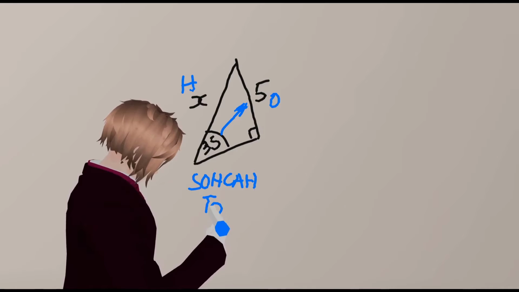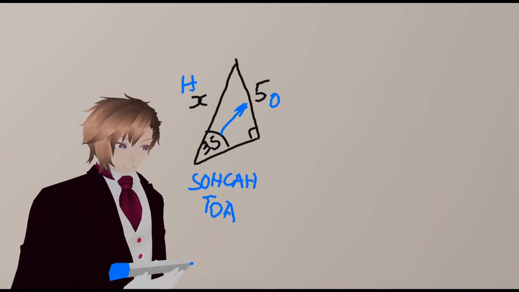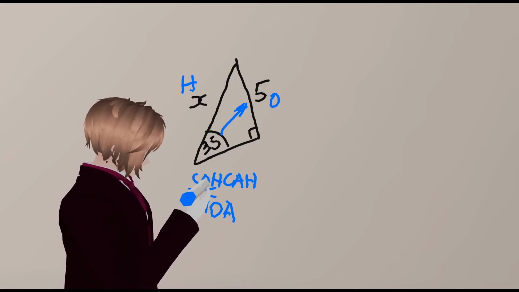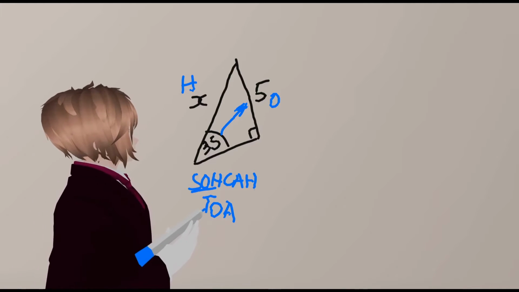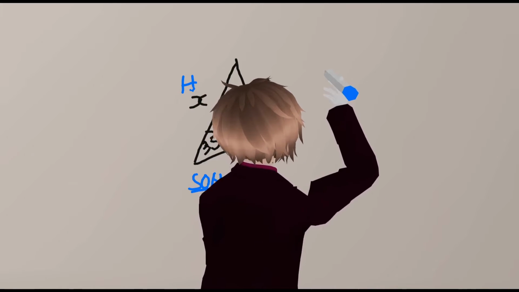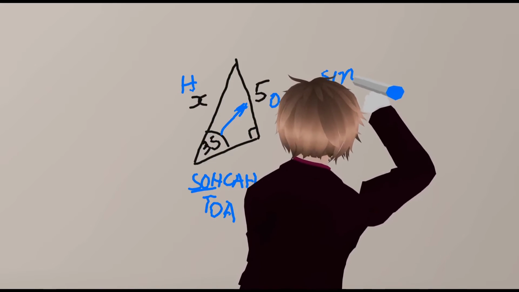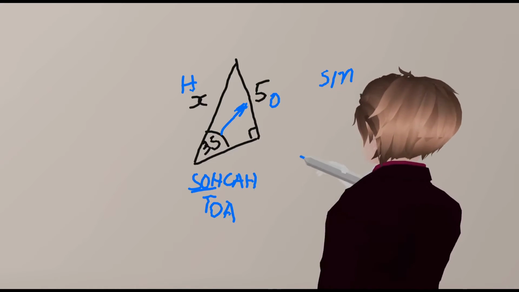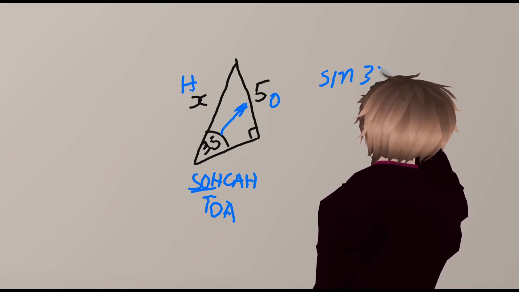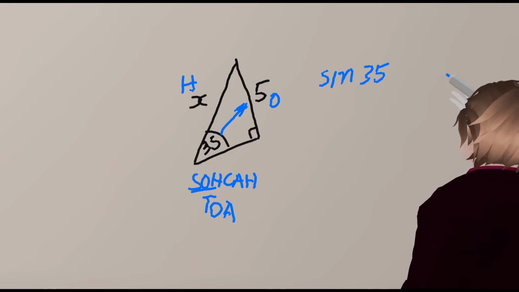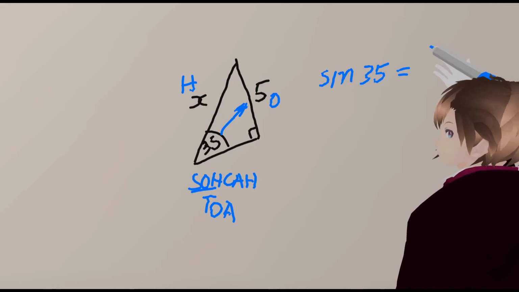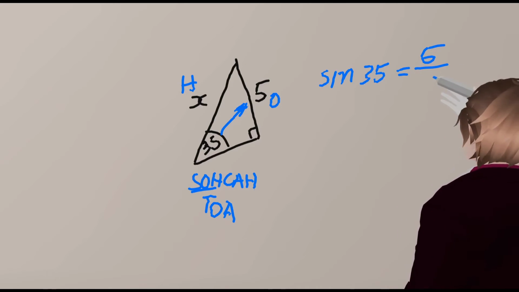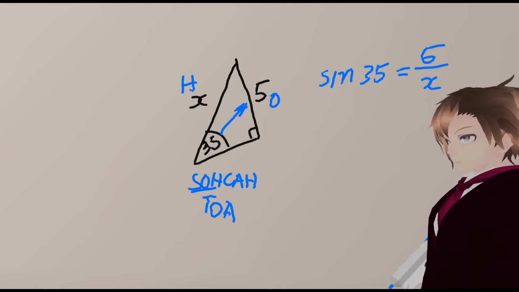SOHCAHTOA. We're going to be using sine, because sine is the opposite over the hypotenuse. So sine, what is our angle? Our angle is 35. And our opposite is 5. And our hypotenuse is the x.